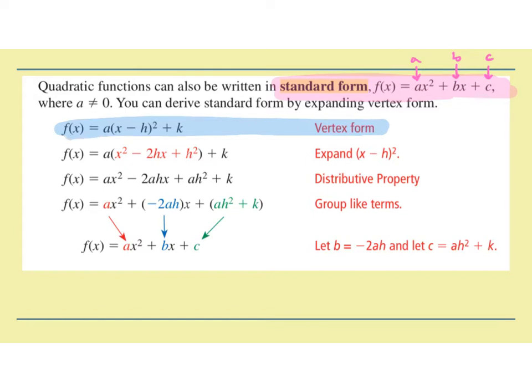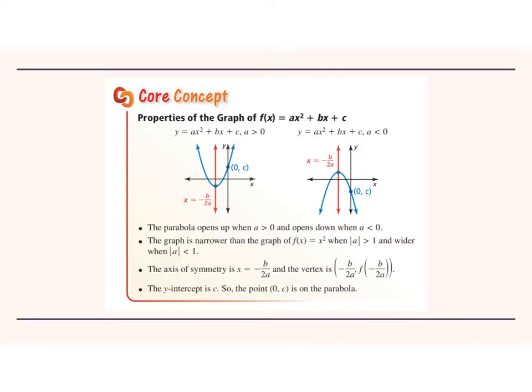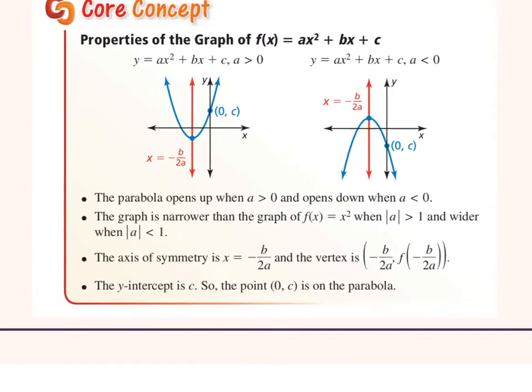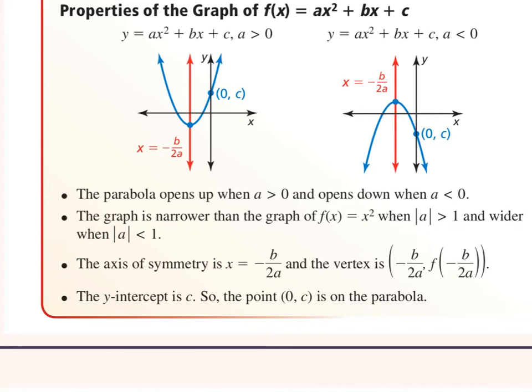So it's a little bit harder to identify what our vertex and what our axis of symmetry are in standard form, but we have a formula for it on the next page. So our formula for the axis of symmetry when our function is given to us in standard form is going to be x is equal to -b over 2a. So this is our formula to find our axis of symmetry.